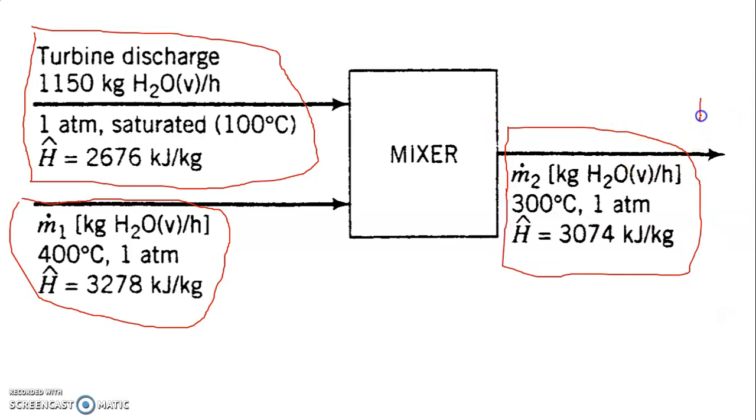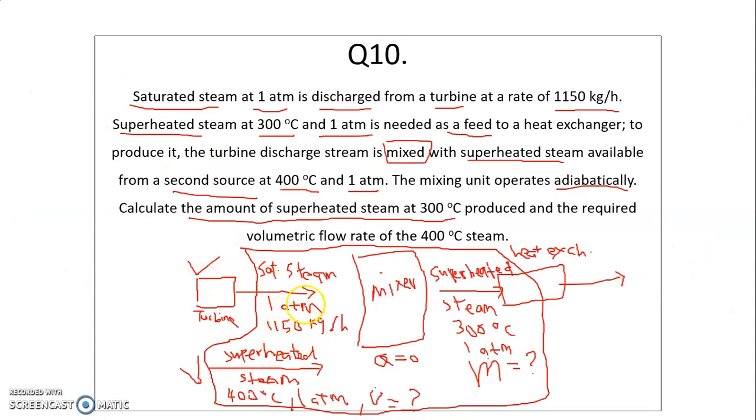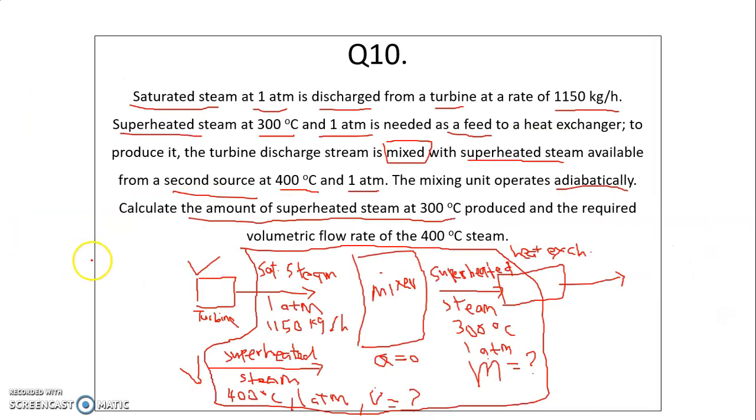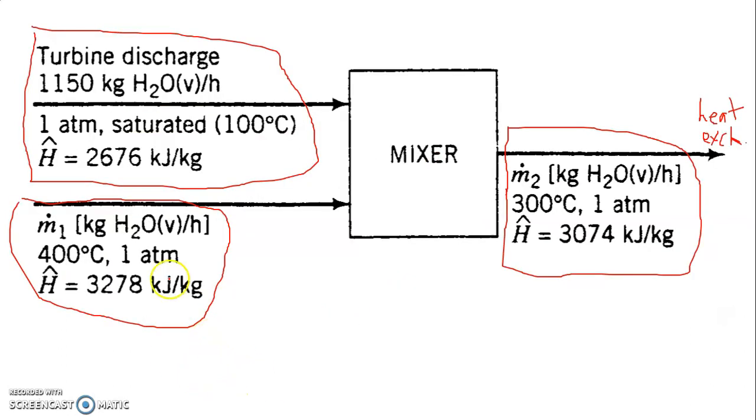Okay, this one goes to the heat exchanger. So this is the information that we have obtained just now. 1150 kilogram per hour, then 180 m saturated steam, and the same goes here, 400 degrees C, 180 m.